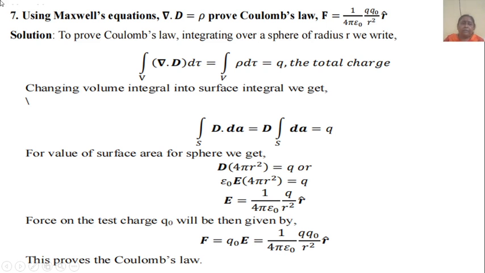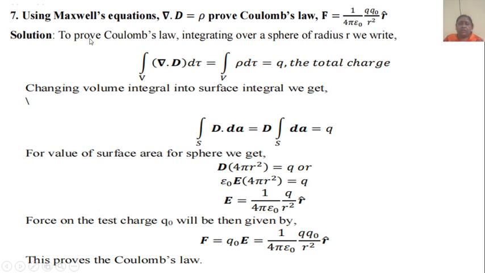Now next example, using Maxwell equation del dot D equal to rho, prove Coulomb's law, that is F equal to 1 upon 4 pi epsilon 0 Q into Q0 upon R square into R cap.